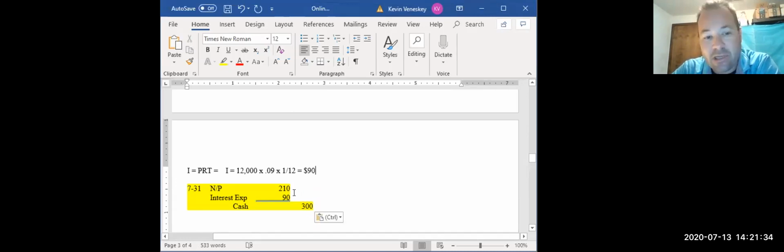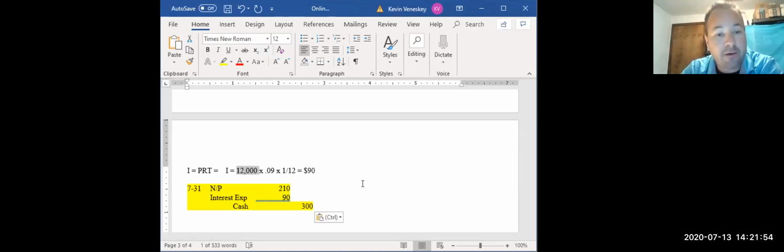So if 90 goes to interest, that means the rest, the $210, comes off the note, the principal note. So I don't owe 12,000 anymore. I owe 210 less than that because I'm making monthly payments and my principal is going down, down, down.